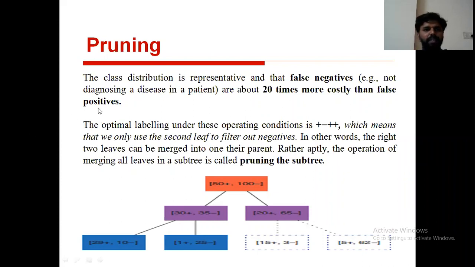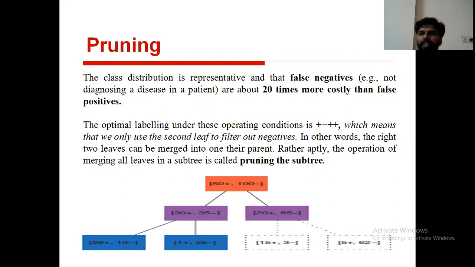Now observe this. The class distribution is representative and false negatives are about 20 times more costly than false positives. While constructing a model or after constructing the model, we generate a confusion matrix. I already explained the confusion matrix in my previous videos.